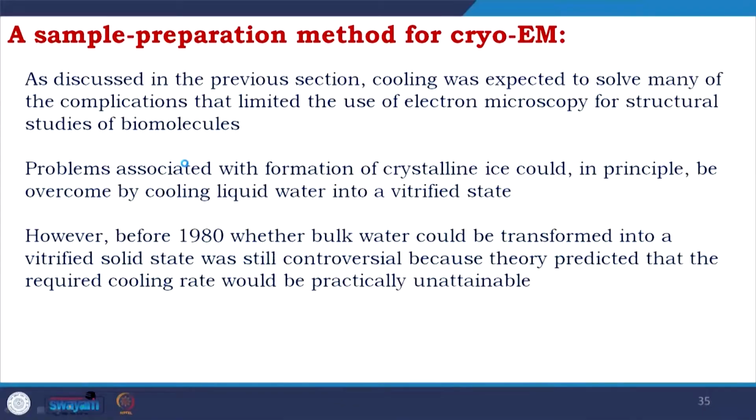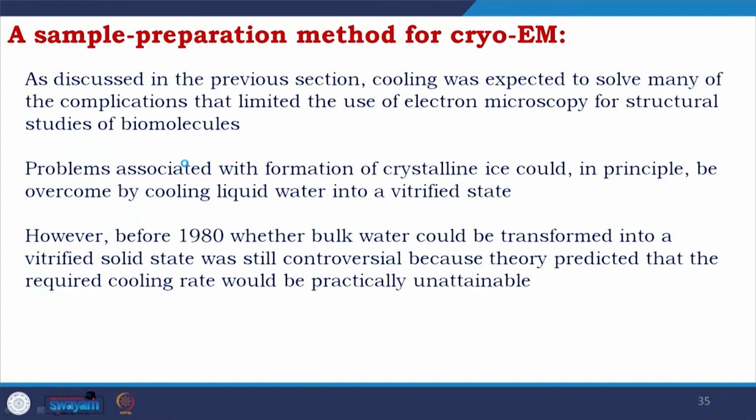However, before 1980, whether bulk water could be transformed into a vitrified solid state was still controversial, because theory predicted that the required cooling rate would be practically unattainable. If you remember, when I talked about vitrification, I said it is a huge speed. So, before 1980, people thought that this is unattainable.